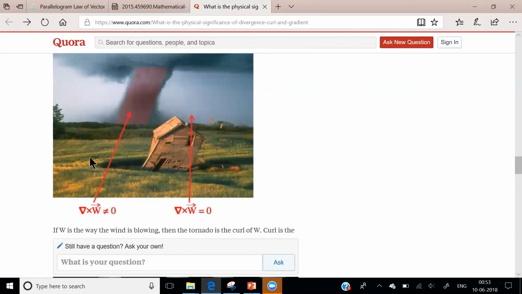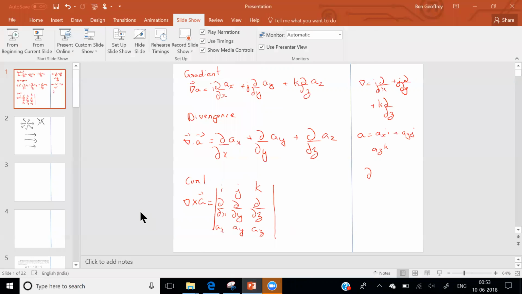Here you can see a cyclonic storm. It swirls about a point, so it will have a non-zero, positive curl. And if the wind is flowing steadily, the curl is 0. So that's about gradient, divergence, and curl.